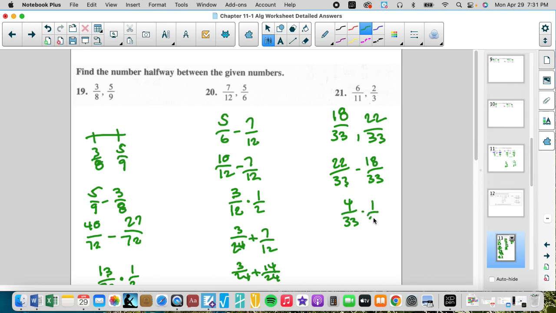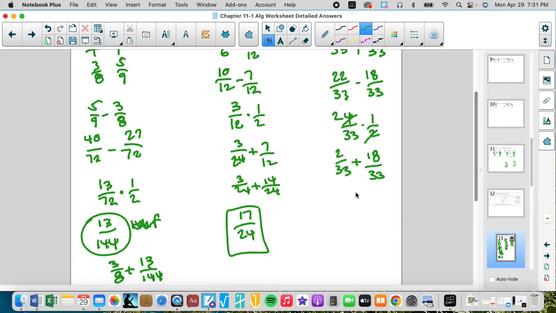We're going to multiply it by 1/2 to take half. This time we can cancel, so that's 2 33rds is the halfway point, and we're going to add it to the smaller, which is 18 33rds, and that gives us 20 33rds.